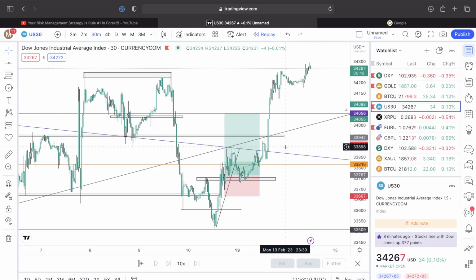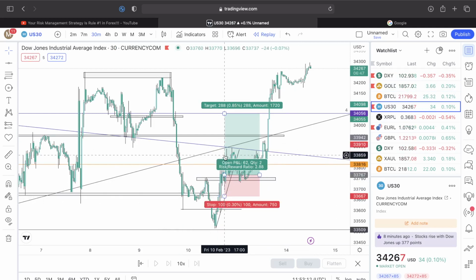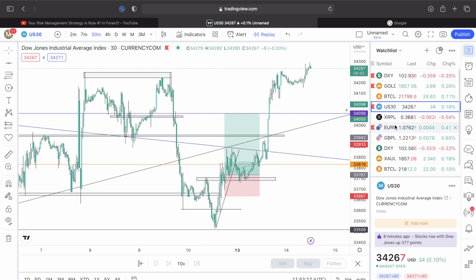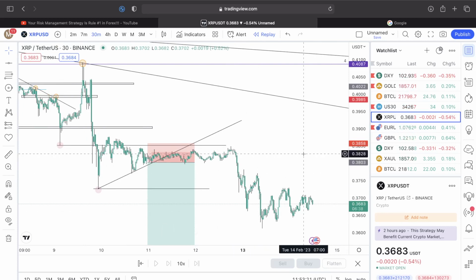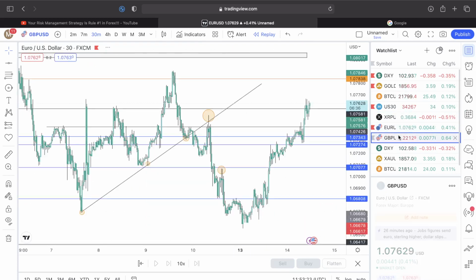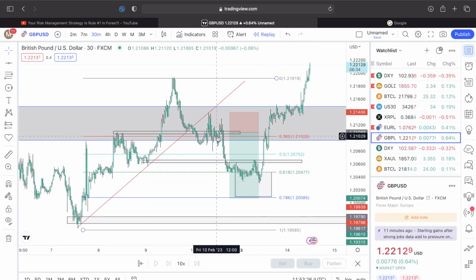Then I have a US 30 as well. Had a profit, went in here, came all the way up, and didn't take me out, 2.8%. And so on and so forth. Bitcoin dropped here. Then I have another here, made money there as well. Had a reversal here and then went all the way up, but I took the money out here.